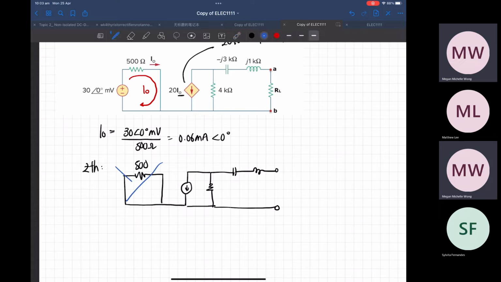You short circuited a resistance, so it's gone. You only have the right hand side, and we calculated this to be 1.2 milliamps.